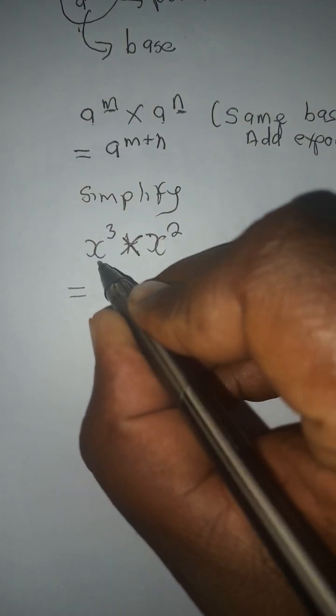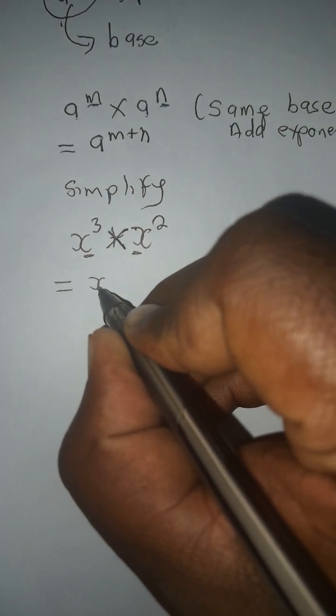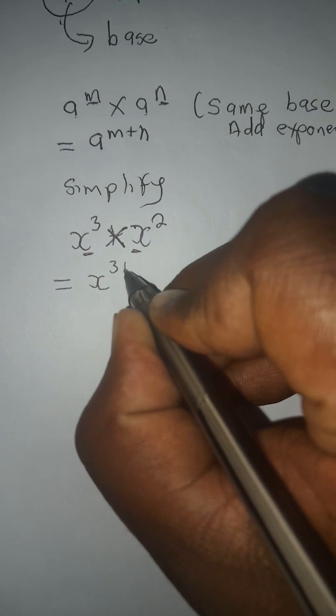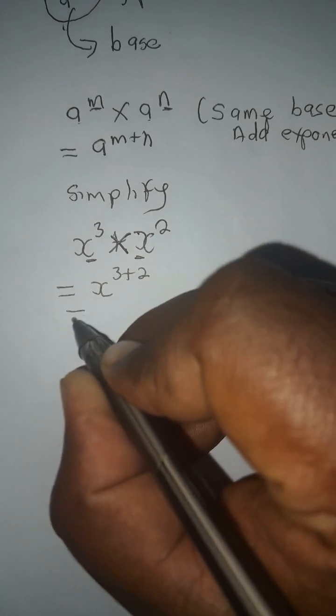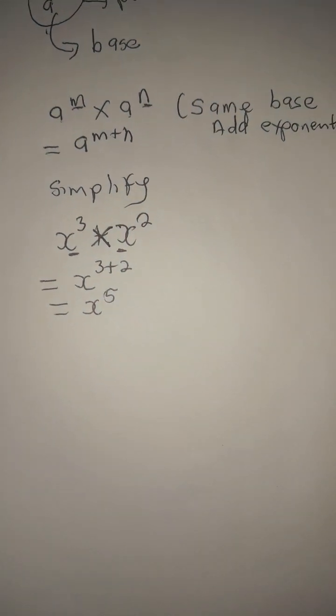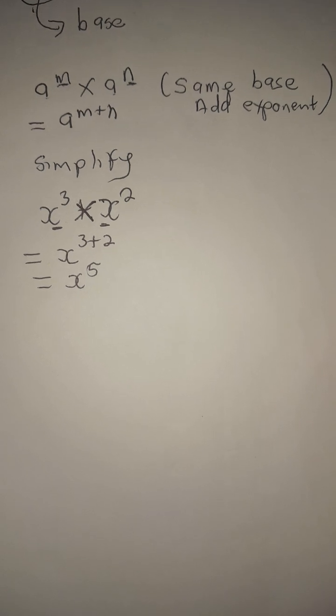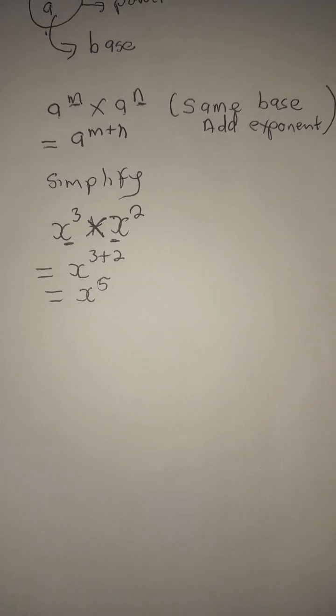What we could see is that we have the same bases, right? So same bases, what do you do? You add the exponent. So this will be 3 plus 2, which will be x to the power of 5, right? So a very essential law that you need to know. That was the first one.